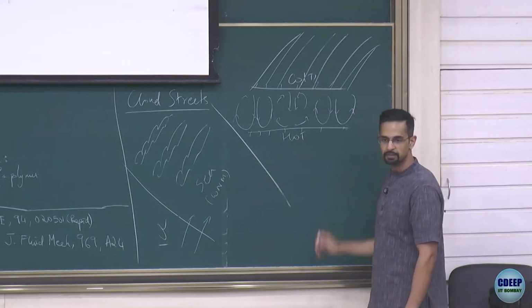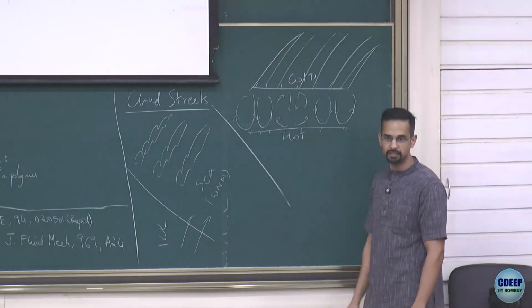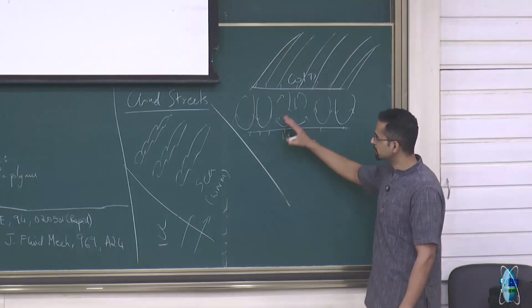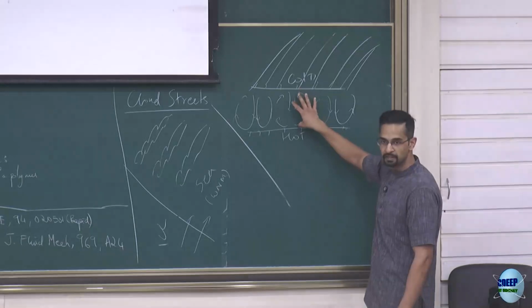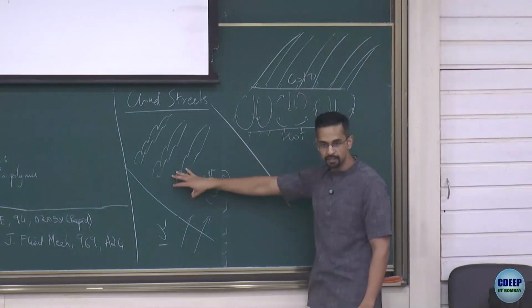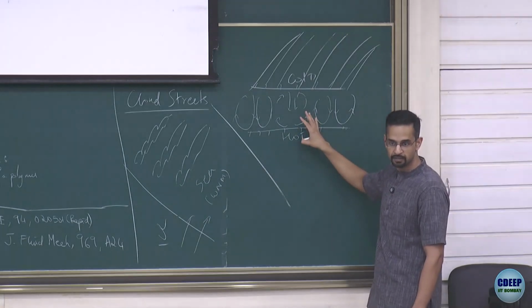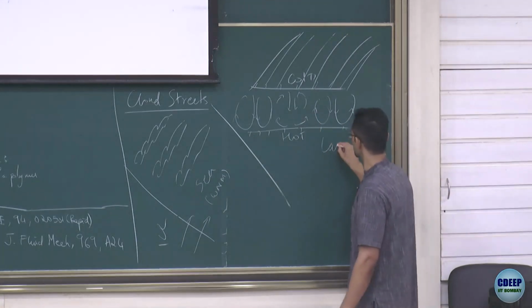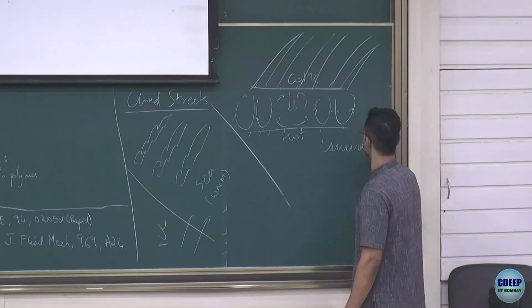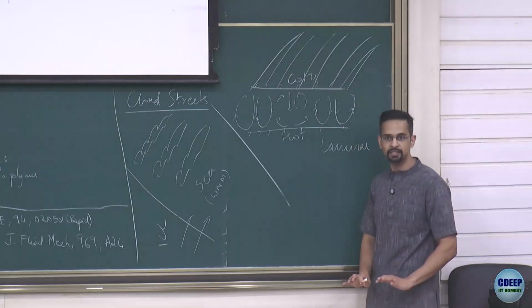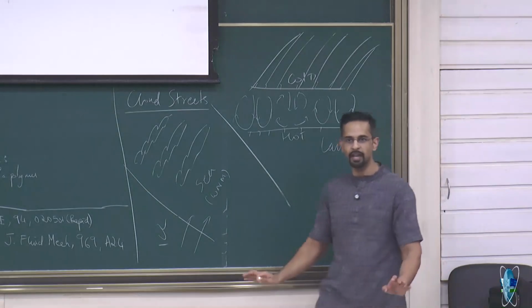And then you will destroy these patterns, at least initially. So the biggest difference between seeing patterns here and patterns here is that this is just at the onset of convection when the flow is laminar. Okay, so here it is laminar, right, just at the onset. The fluid was completely still and it just started to convect, so it is completely laminar.